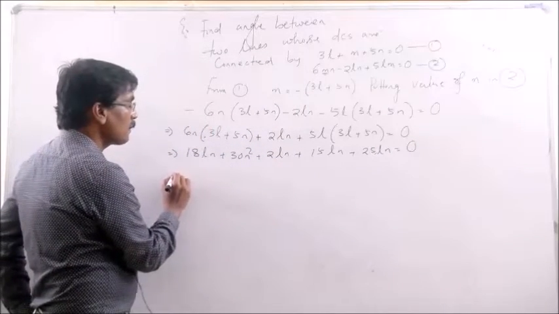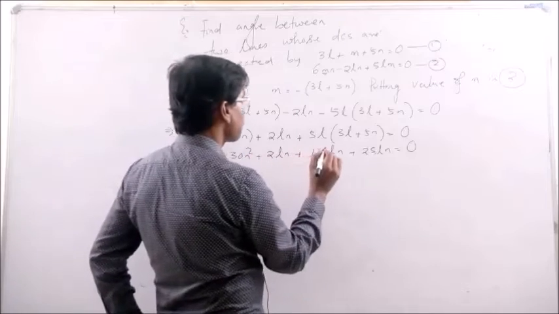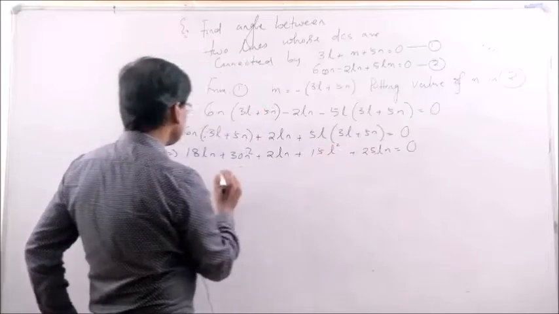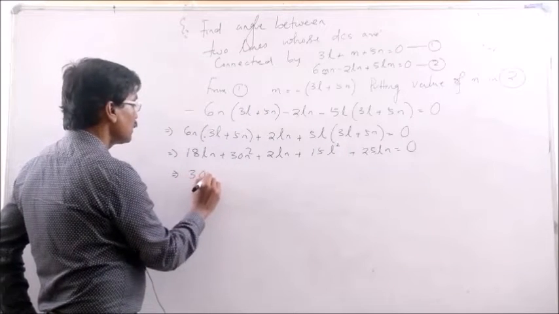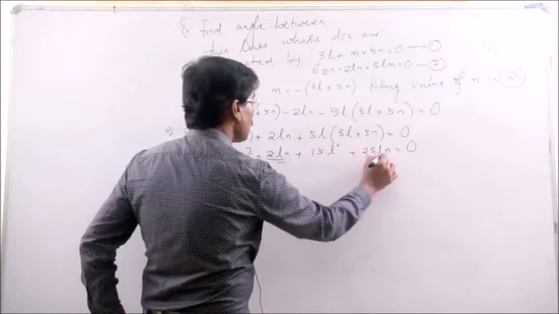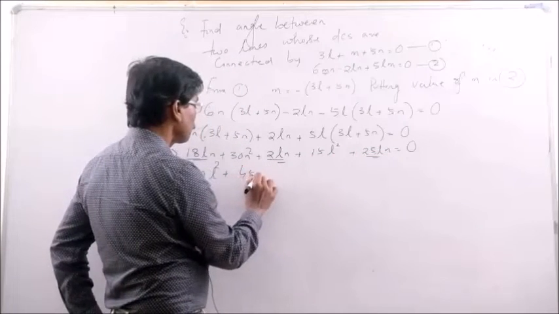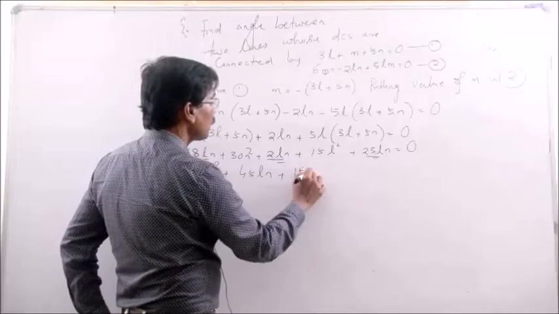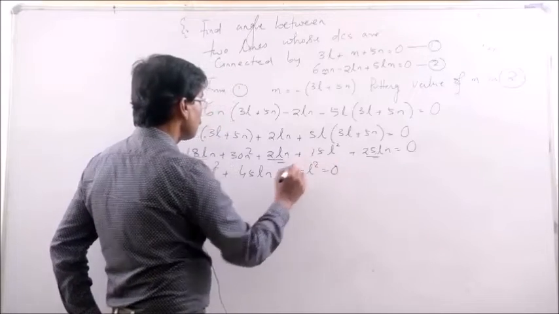That is equal to 15l square plus 30n square plus 45ln is equal to 0.